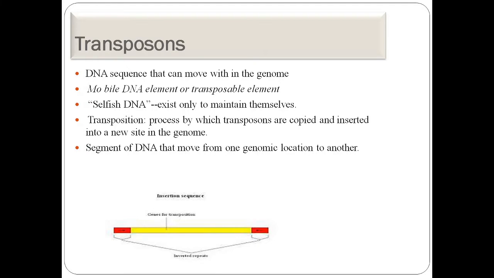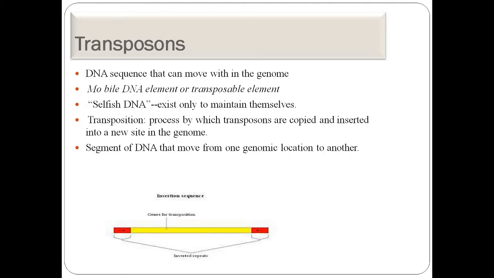These are also known as selfish DNA, because they can move by two mechanisms, the cut paste mechanism and the replication mechanism, which we are going to see further. When replicated or moved by cut paste, they can enter anywhere inside the genome, inside a non-coding sequence or inside a coding sequence, wherever they want to enter. So they are known as selfish DNA.